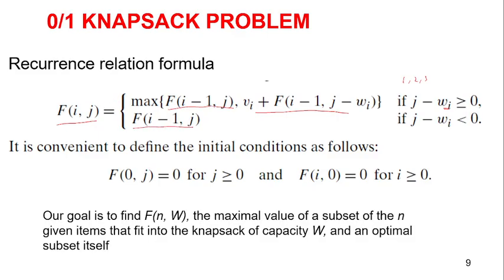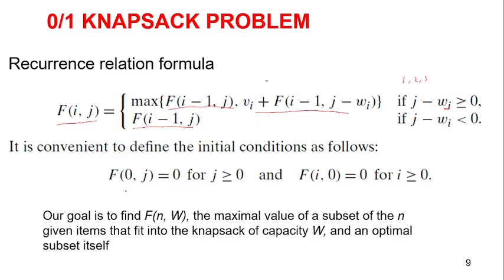Initially, this table f will have 0 values for the entire 0 row and 0 column. So we are going to include item 0 in the table.